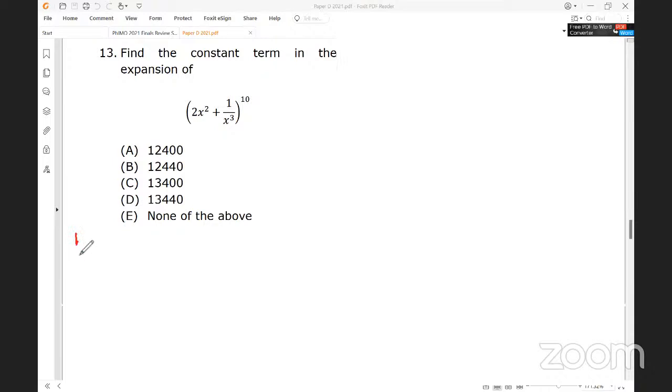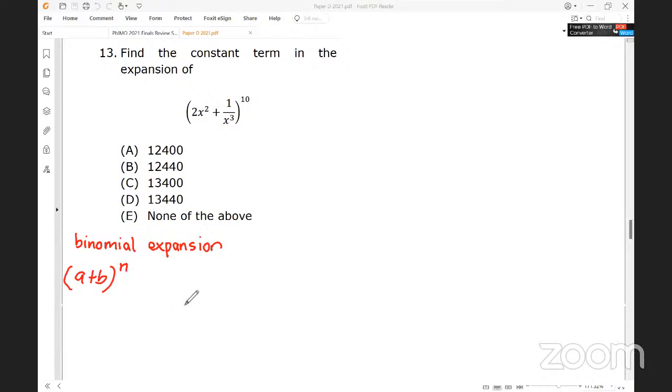Okay, I give you the formula first. Binomial expansion is about (a + b) in the power of n.